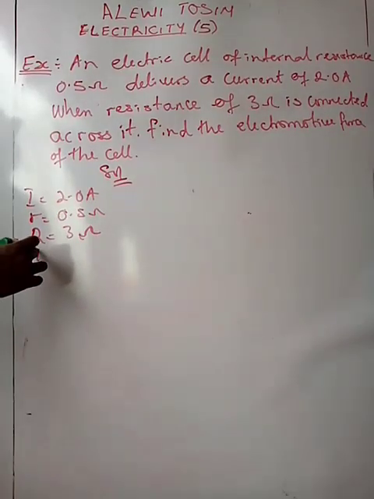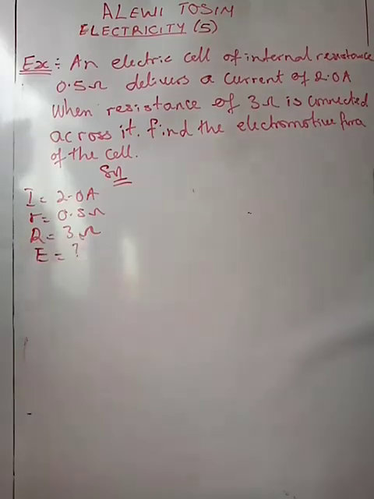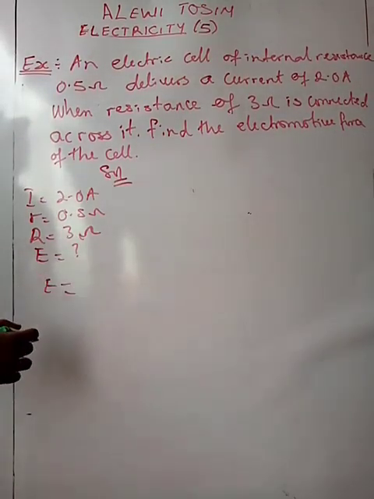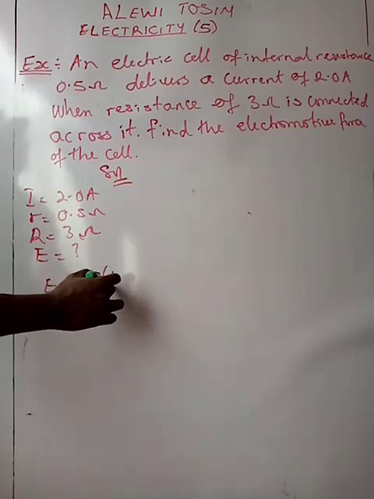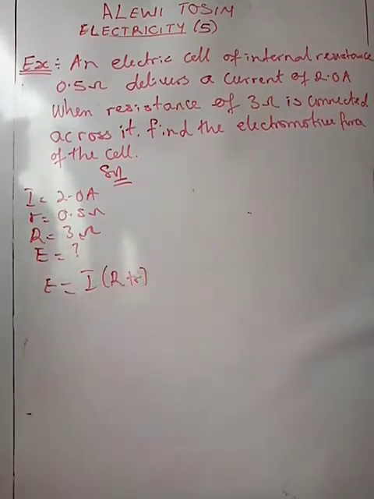So we are told to find the what? The electromotive force. For this, we say that our electromotive force equals I into bracket R plus small r.